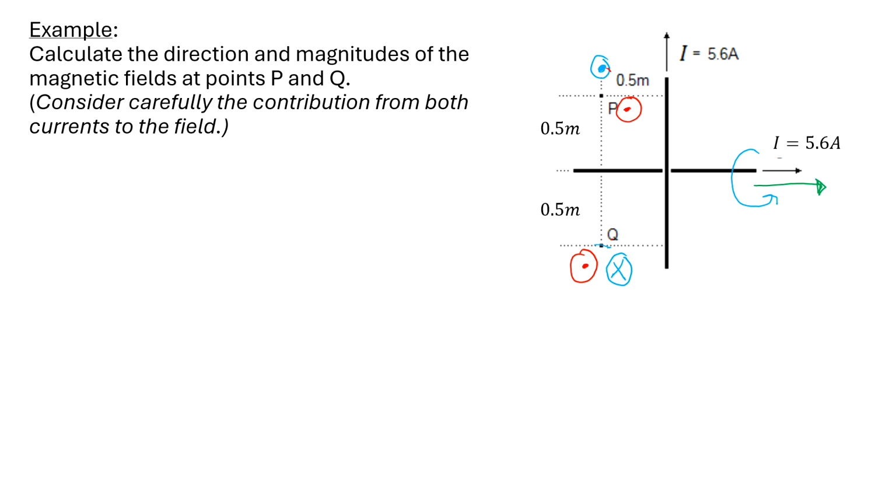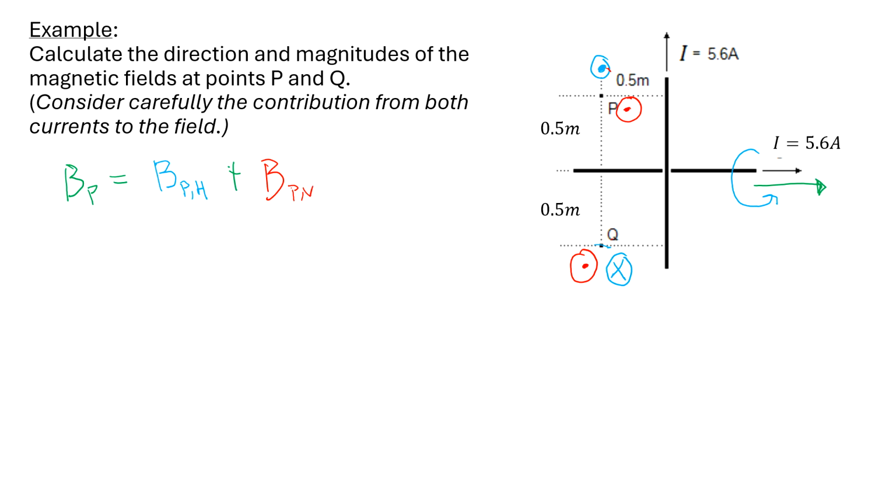Blue and red are in the same direction, and they're going to come together to form a full magnetic field at point P, which is going to be equal to the magnetic field at point P from the, I'll write H for horizontal, plus the magnetic field at point P from the vertical.